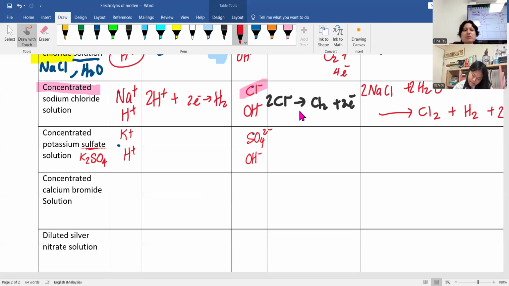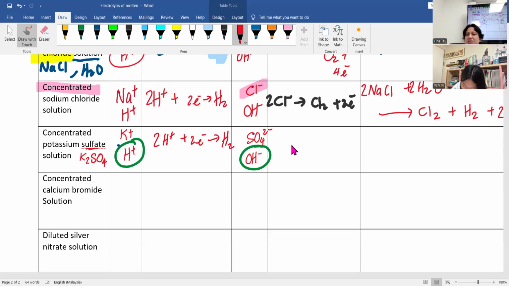So, who do I choose? Hydrogen, hydroxide. So this is also electrolysis of water. Make better sense now?